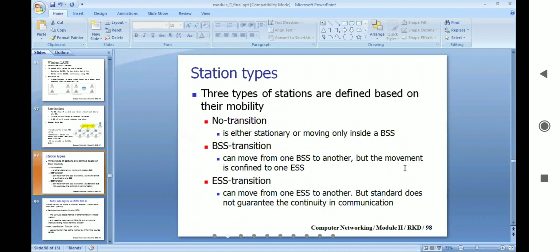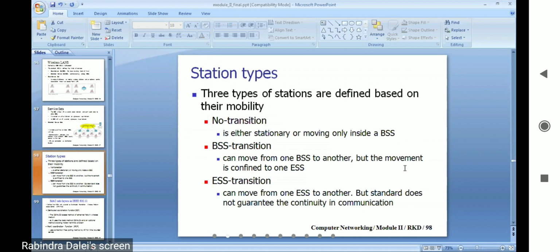Only inside the BSS you can communicate, so there is no transition. That means you cannot communicate outside the BSS. Second is the BSS transition. That means you can move from one BSS to another BSS, but the movement is defined inside one ESS.